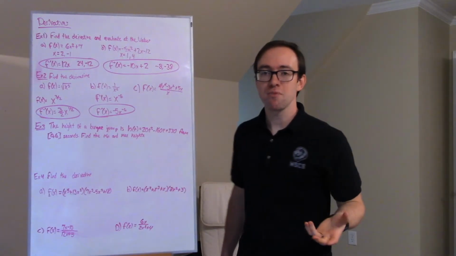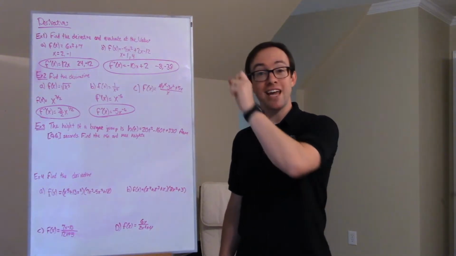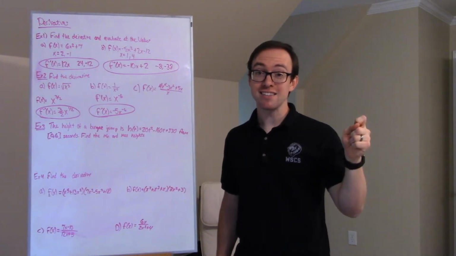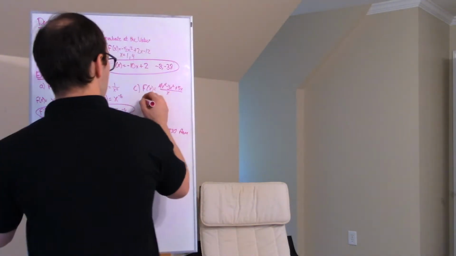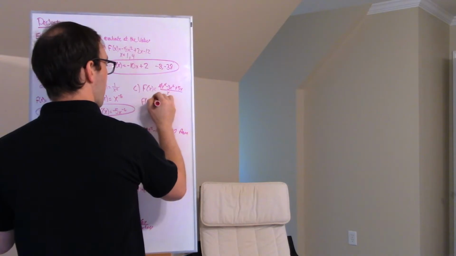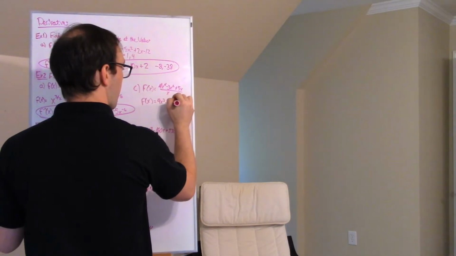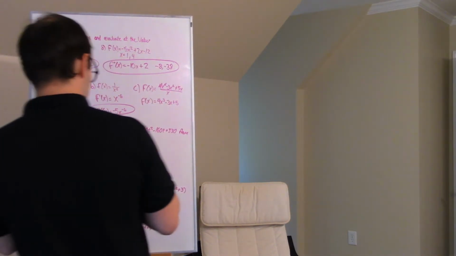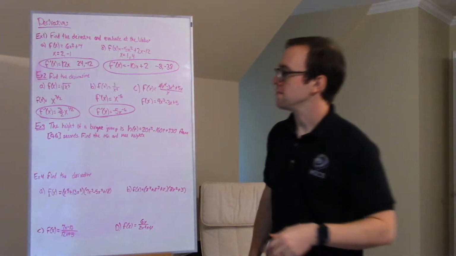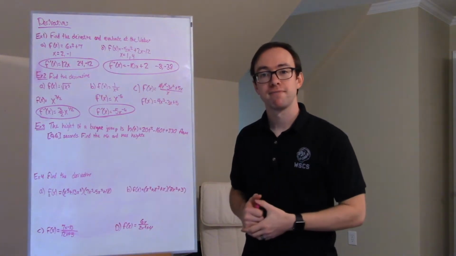In this case, there's an x on the bottom. Every piece on top has an x. So what we can do is cancel out an x from each piece and the x on the bottom. So for this case, 4x to the third minus 3x plus 5.